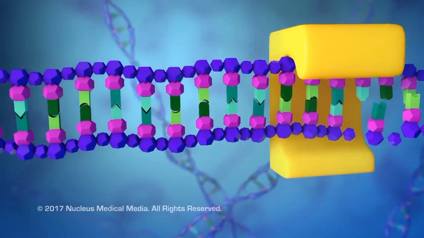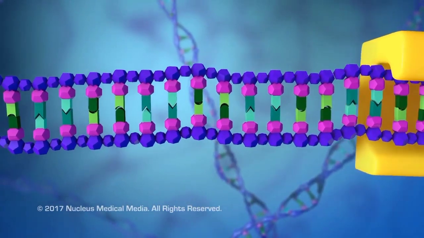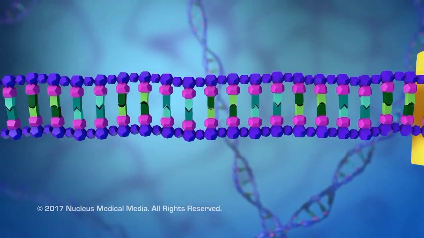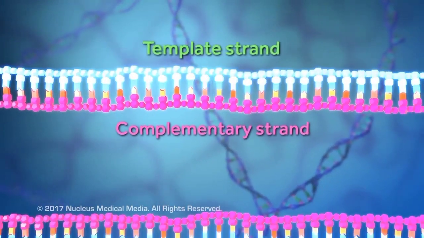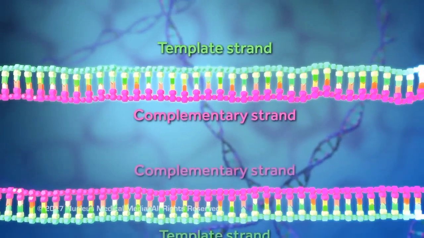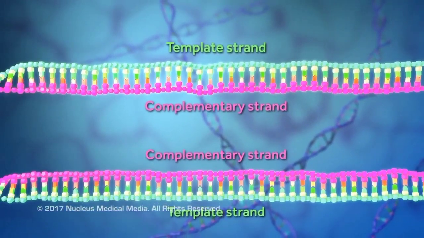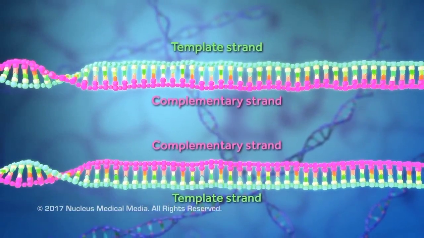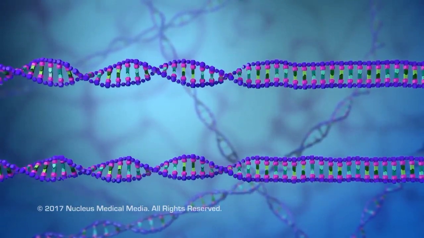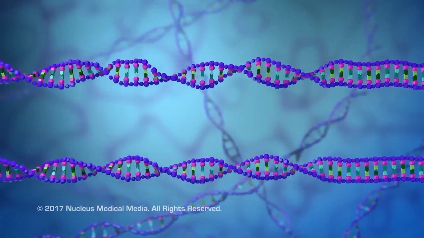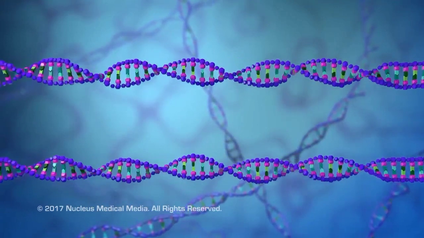So, these newly attached nucleotides form a mirror image or complementary strand on each template strand of the original DNA. As a result of this replication process, two duplicate molecules of DNA are produced from the original DNA molecule.